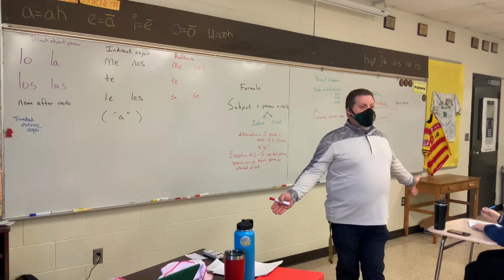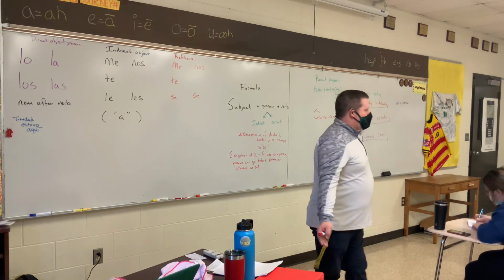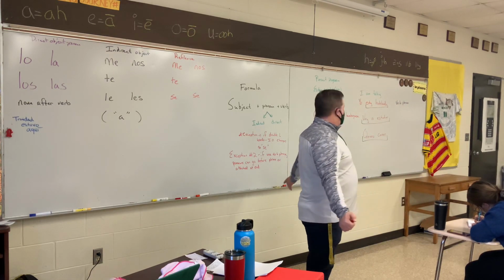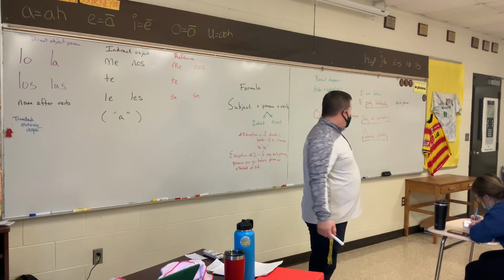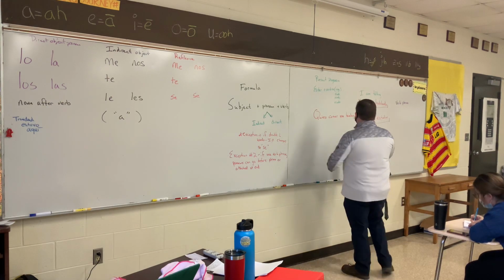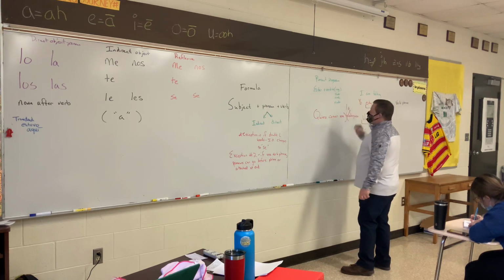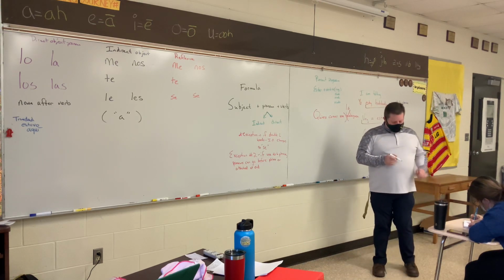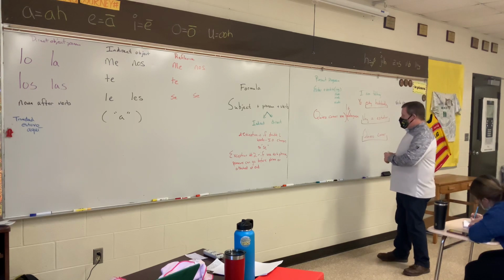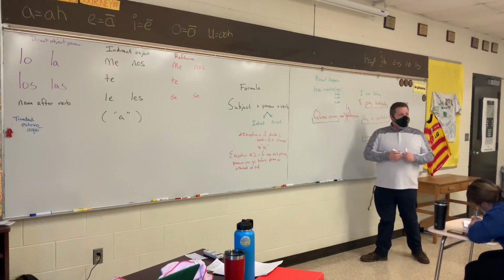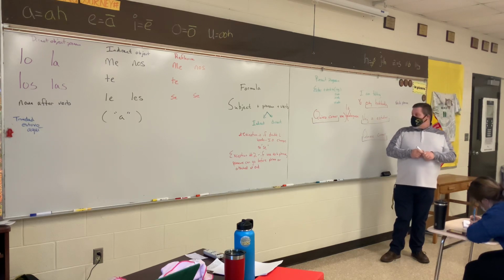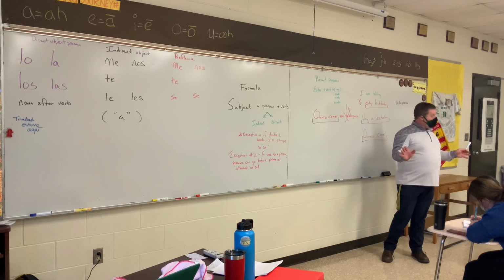How do I say I want to eat it? What's my direct object in this sentence? Well, hamburger. You're getting way ahead, but you're right. It's la. Quiero comer. We already said this is a verb phrase. So the way we've been studying everything, this is 100% correct.